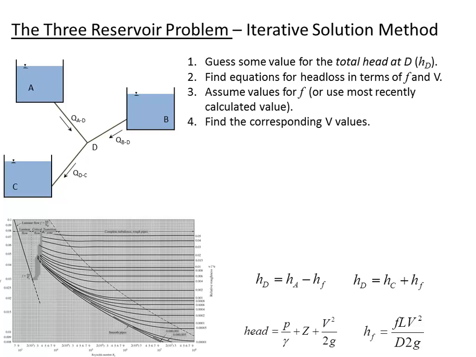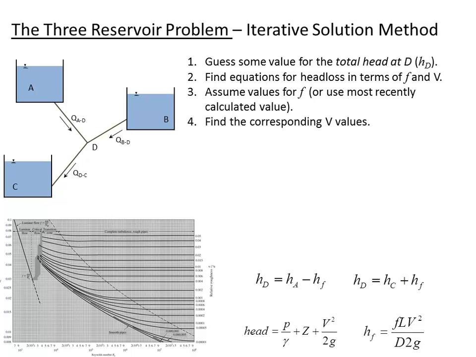And then we're going to have to assume a value for F the first time around. The second time we go through this iteration, we'll use a previously calculated value of F. You can either use the Moody diagram to find an F value, or you can use the Swamee-Jain equation to find an F value. But we initially aren't going to know the velocity, remember.